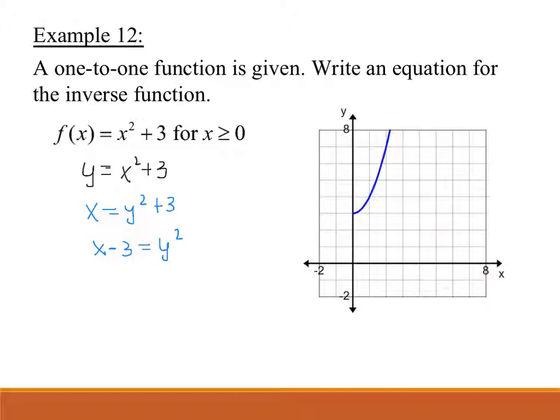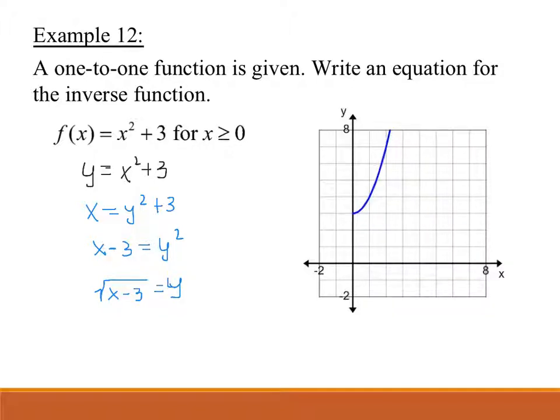Now, I take the square root of both sides, and you'll notice that I have a negative and a positive value. However, because x is defined for only those positive values, I only get the positive: the square root of x minus 3 equals y.